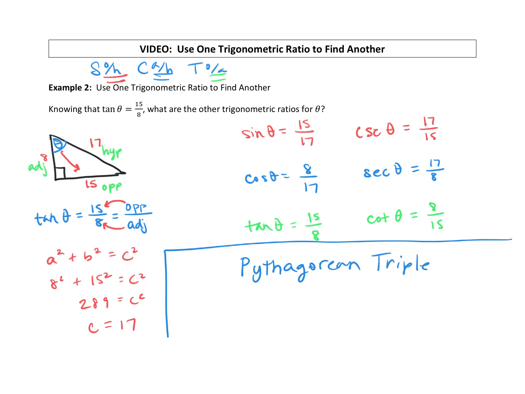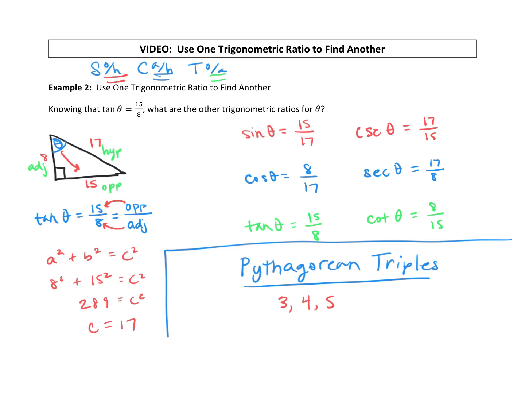Pythagorean triples. A Pythagorean triple is three numbers that represent the three sides of a right triangle that work perfectly in the Pythagorean theorem. So a very common Pythagorean triple is 3, 4, 5. We always put the largest number on the end, so that would be our hypotenuse. So if we had a triangle with side lengths 3, 4, and 5, 3 squared plus 4 squared equals 5 squared.